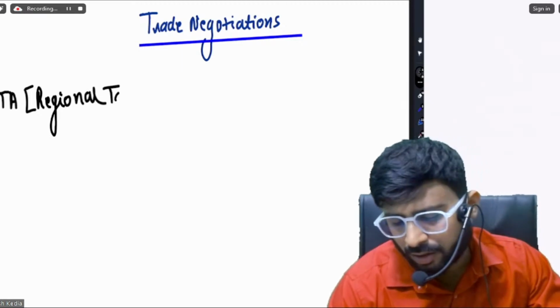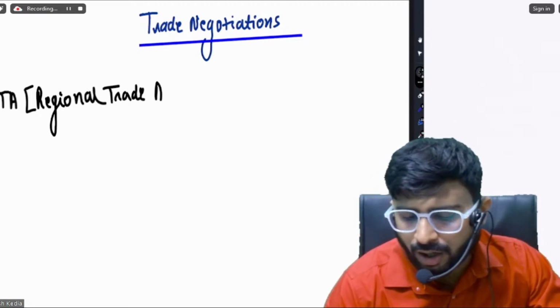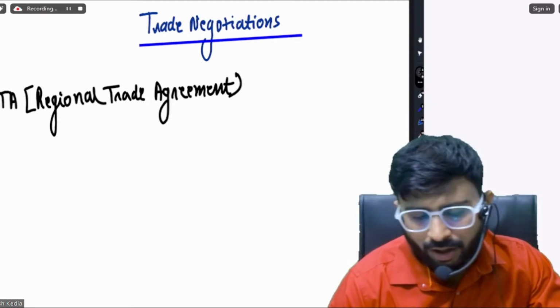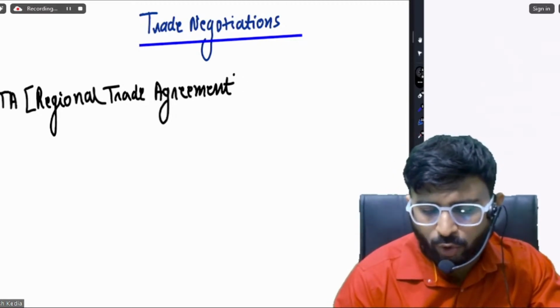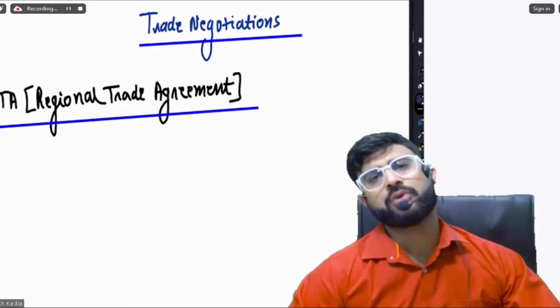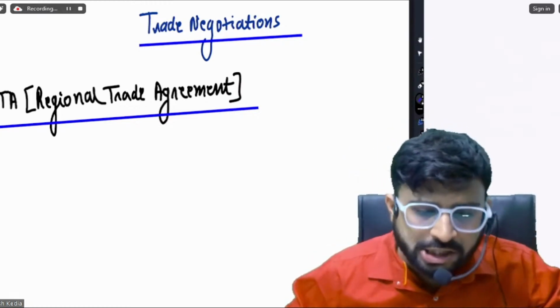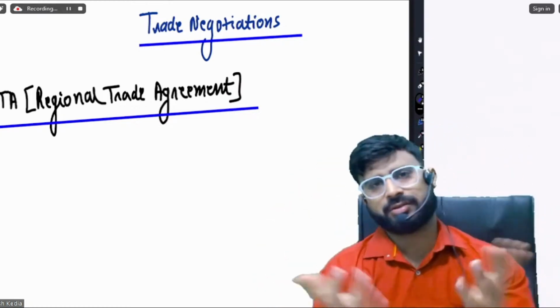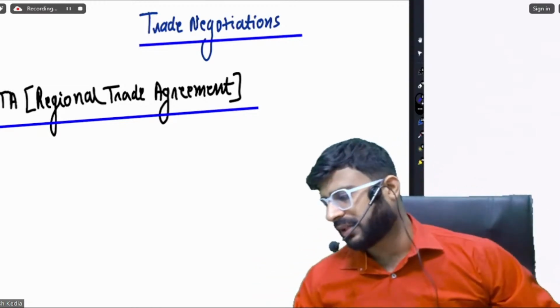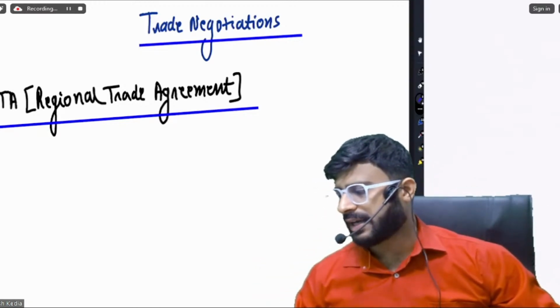Regional Trade Agreement. Friends, that is what RTA is all about. Sir, what is it? It is basically a grouping of countries and agreement between countries. It is exactly that.